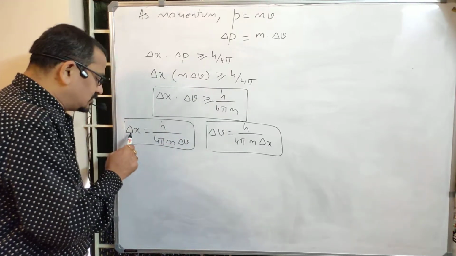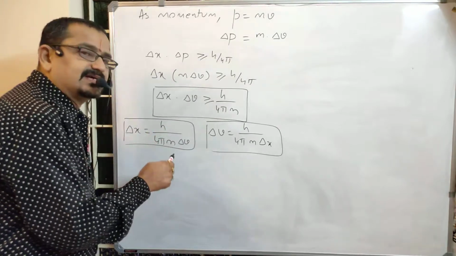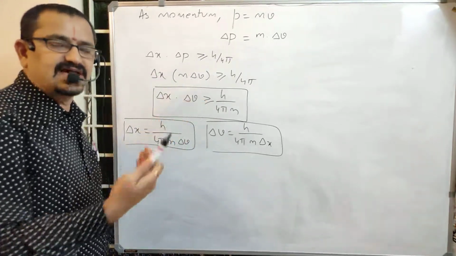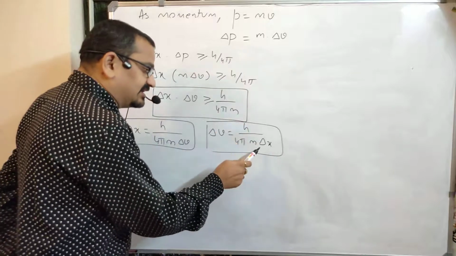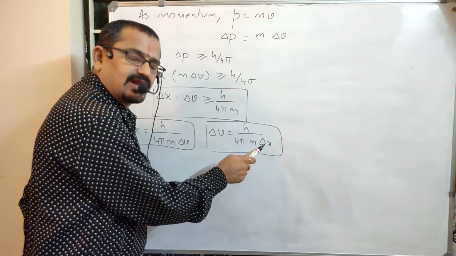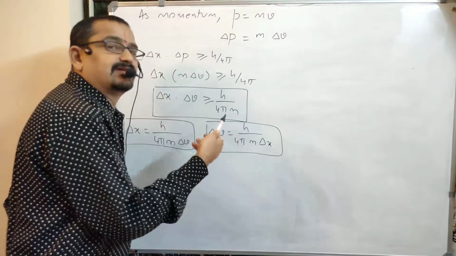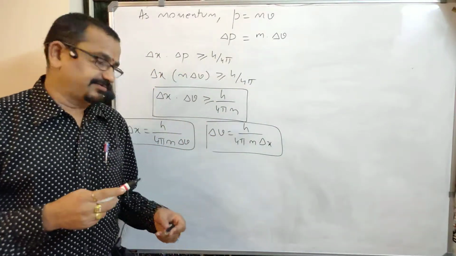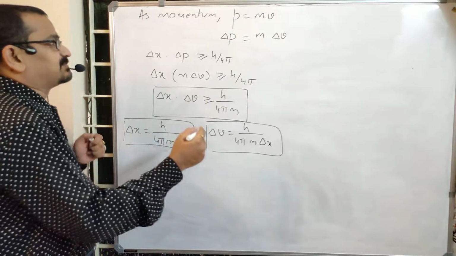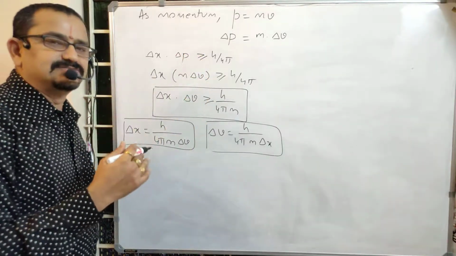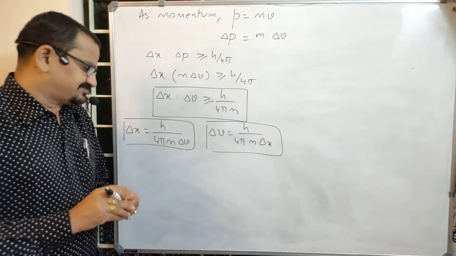Then uncertainty in position will be h by 4 pi m by 0, infinity, a very big value. Similarly, if position of an electron is accurately known, then its uncertainty will be 0, and uncertainty in velocity will be as high as infinity. In this way, we can illustrate Heisenberg's uncertainty principle.